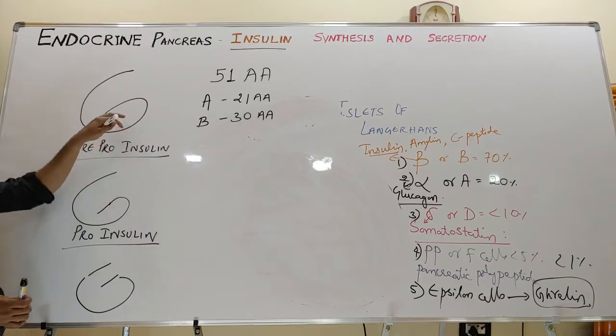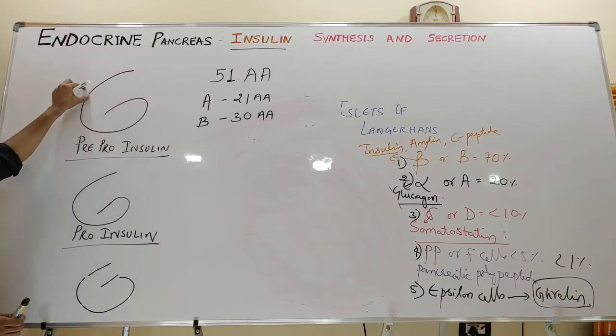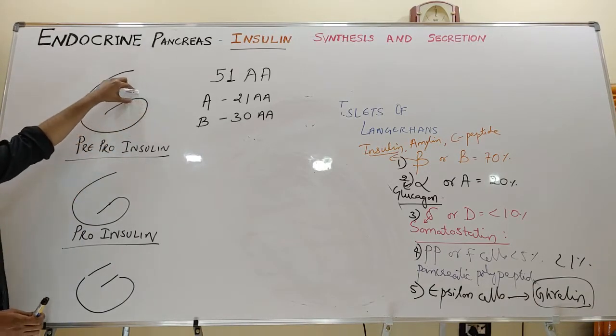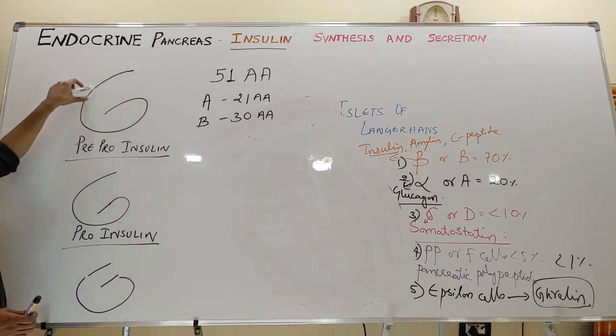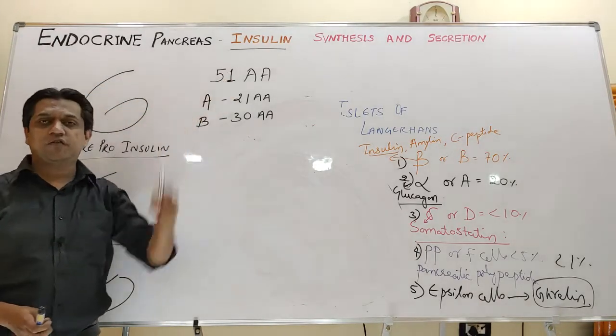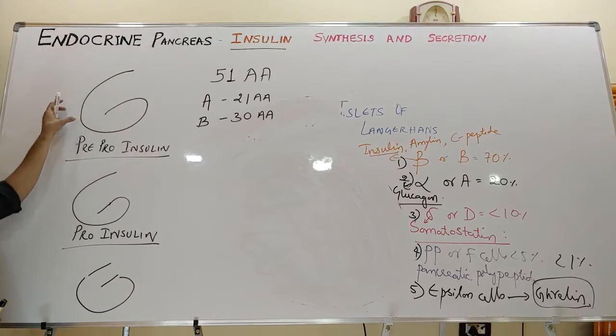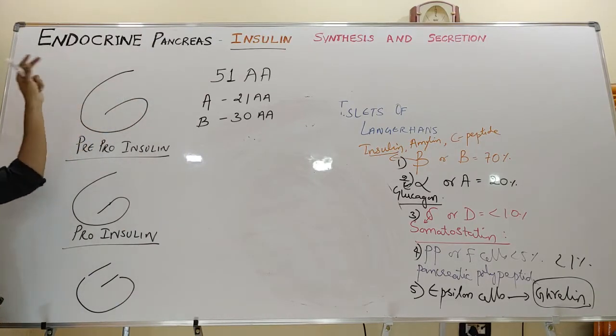I will just try to show you. So here this pre-proinsulin is again just an amino acid polypeptide. Proper insulin will have 51 amino acids. This is a larger molecule having around 108 amino acids.